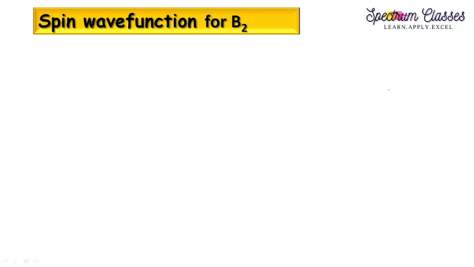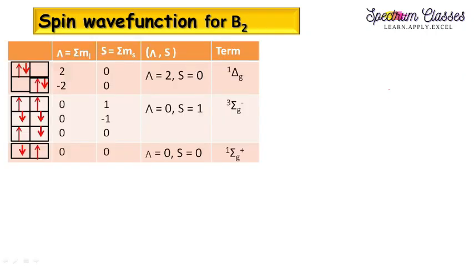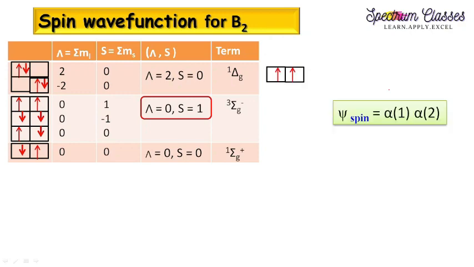Now coming to the next part, the spin wave functions. Here we have a situation like this. Both are up spins: electron number 1 is up spin and electron number 2 is again up spin. This gives us S equal to 1.